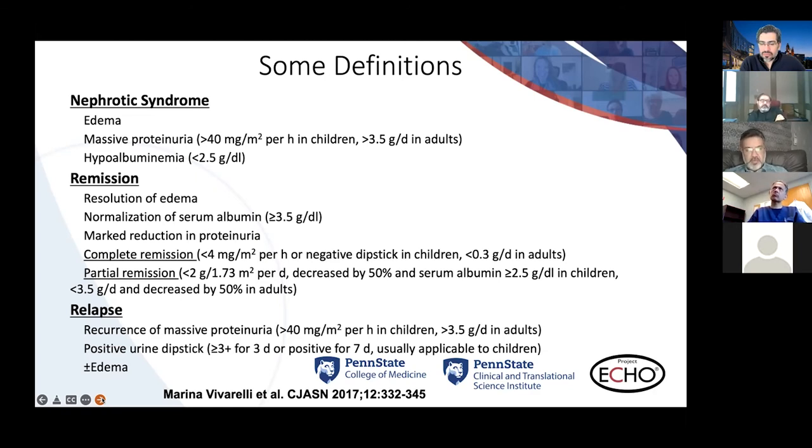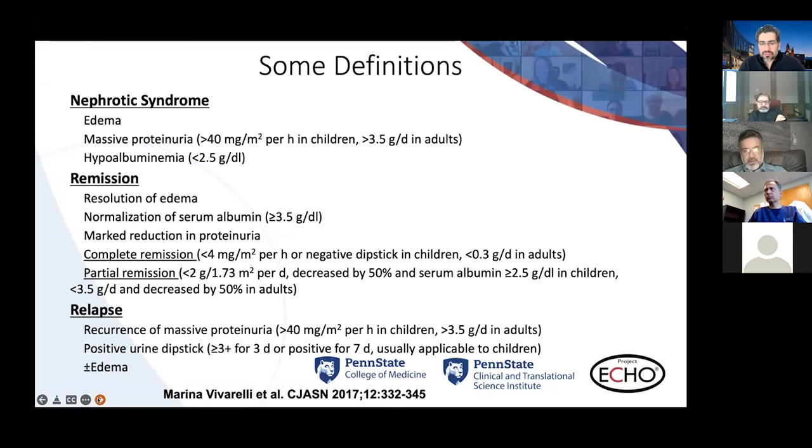For partial remission, if the serum albumin is more than 2.5, we don't really quantify the protein on the dipstick, but if the albumin has come up to 2.5 and there is decrease or resolution of edema, then we treat them as partial responders.